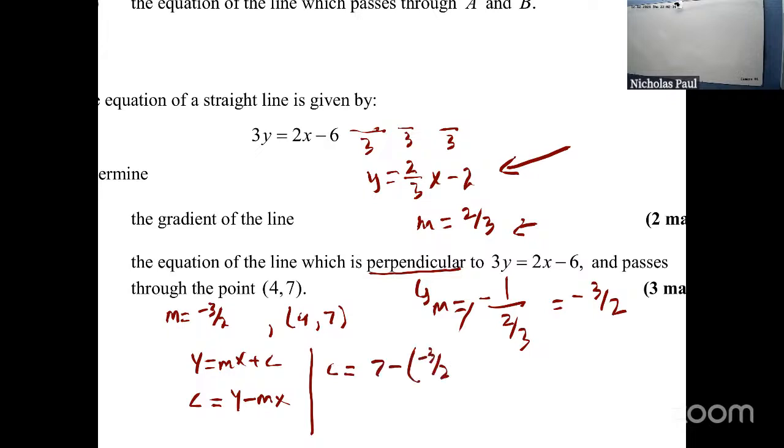Gradient is minus 3 over 2. X is 4. Two into this two, so I got 7 plus 6, which is 13. Look at that. So your final answer is what? Y is equal to minus 3 over 2 x plus 13.